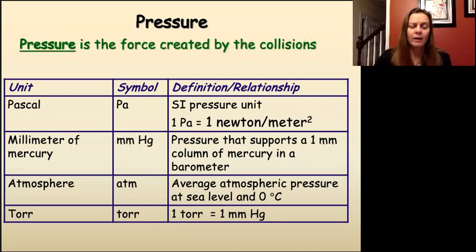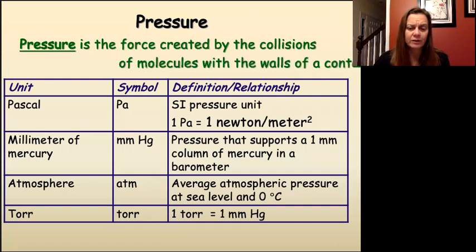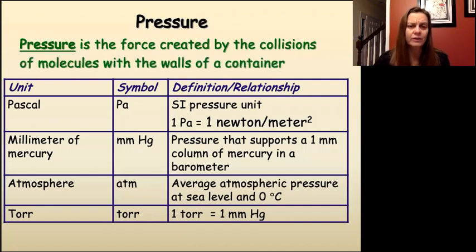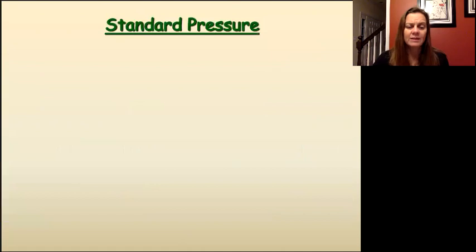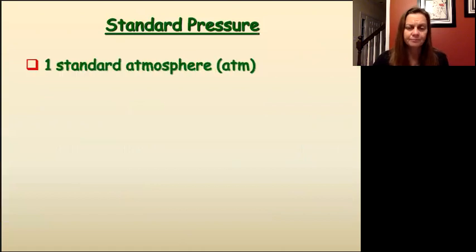So remember, the pressure is the force that is created by those collisions of the molecules with the walls of the container. So we measure gas pressure in one of these units. And as we move through this unit, we'll talk very often about standard temperature and pressure. And so when we talk about standard pressure, it is 1 atmosphere.